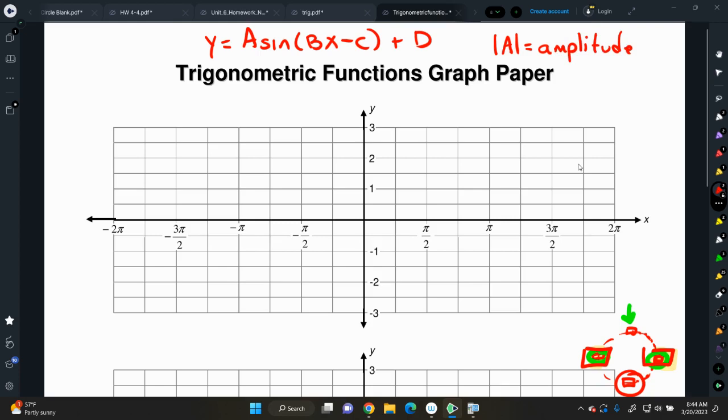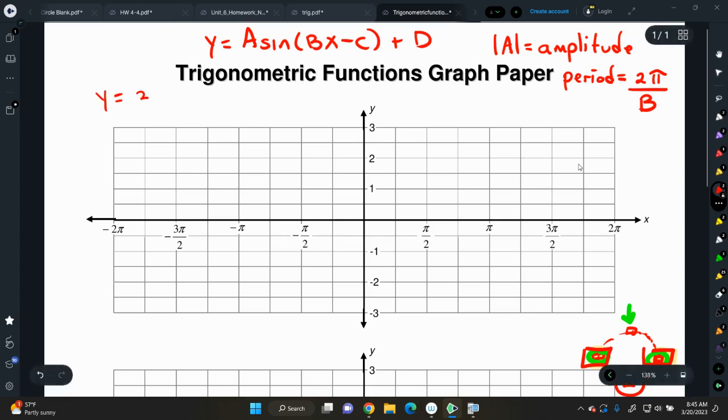The period is found by taking 2 pi divided by b. So when we looked at y equals 3 sine x, here was my A, that's my amplitude of 3. The b in this case was just a 1. So my period was 2 pi divided by 1, which is 2 pi.